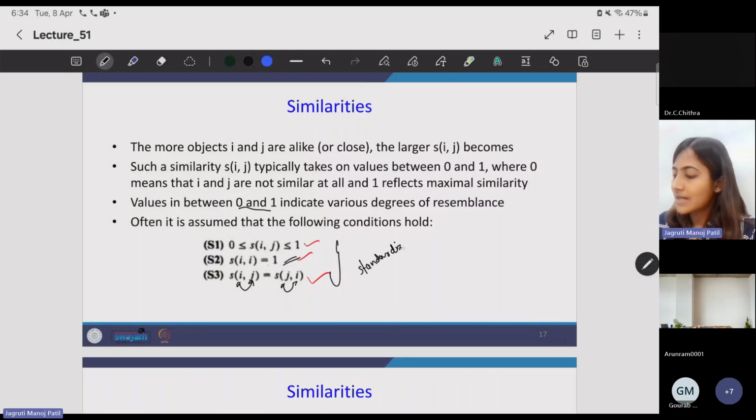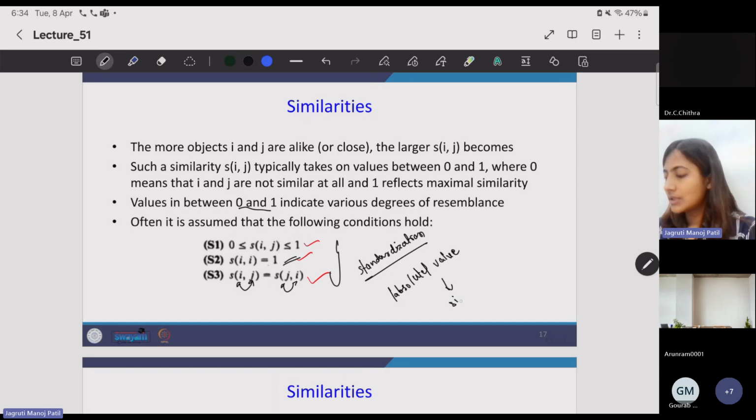Now after doing standardization of matrices of this type, if we take absolute values and do the similarity test or the dissimilarity test, and then I try to see the effect on my data set, that effect will go to nil.